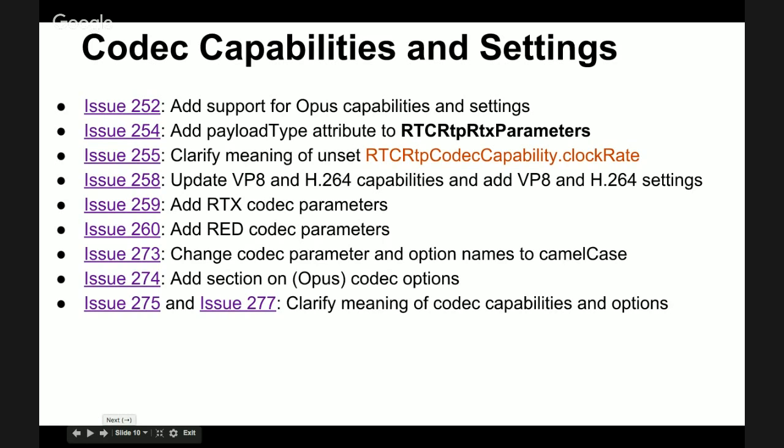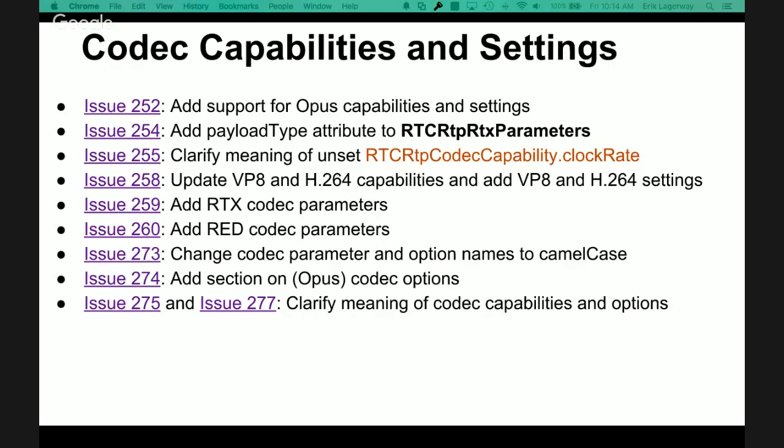We didn't have RTX time for RTX, so we added that, and for RED, we added the parameters. And then we had dashes in things like the H.264 parameters like maxfs, and since we've been trying to eliminate dashes, I believe, throughout both WebRTC 1.0 and ORTC, we changed those to camel case.